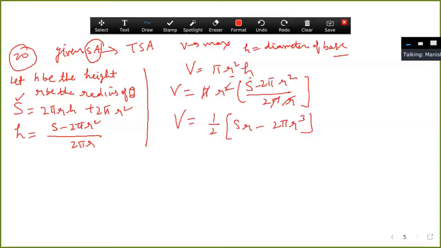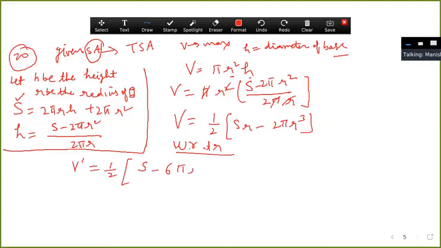Now you have to differentiate this with respect to r. Differentiate the volume. What you are getting? Yes, volume V dash will be equal to 1 by 2, constant taking outside, S minus 6 pi r to the power 2.